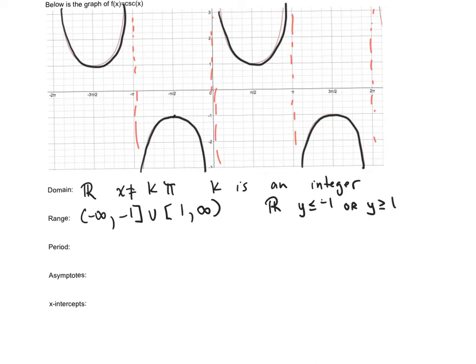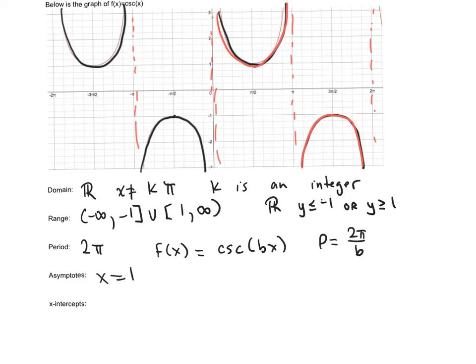Both answers are acceptable. The period of cosecant is 2 pi, because it actually takes 2 of these U's to make one period, because one is facing up and one is facing down. So actually both of those make one period. So just like sine and cosine, if I have cosecant bx, the period is going to be 2 pi over b.